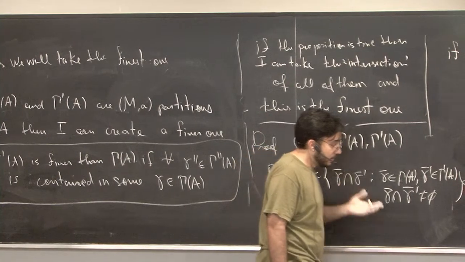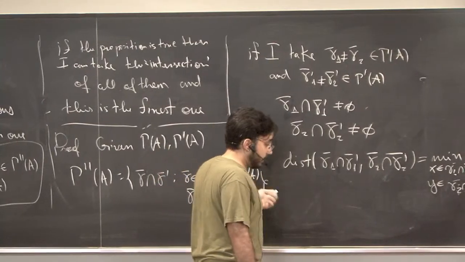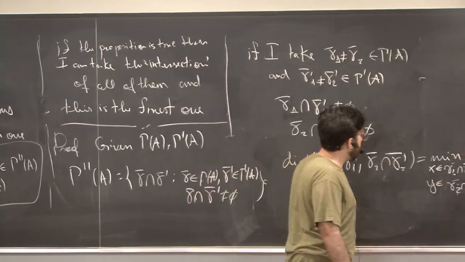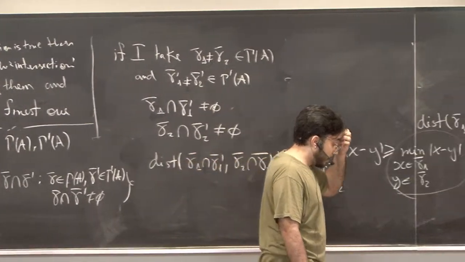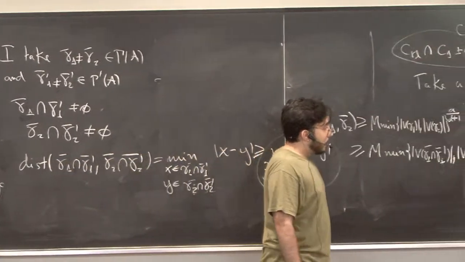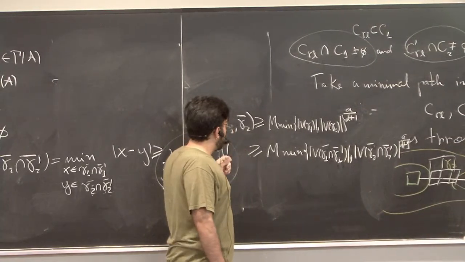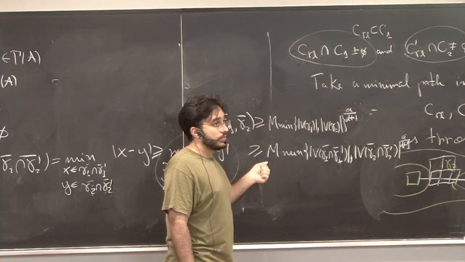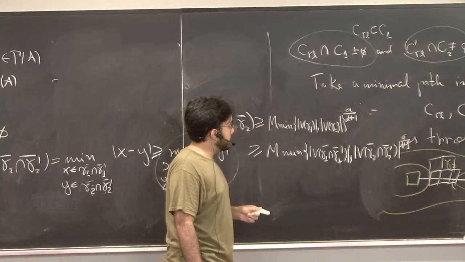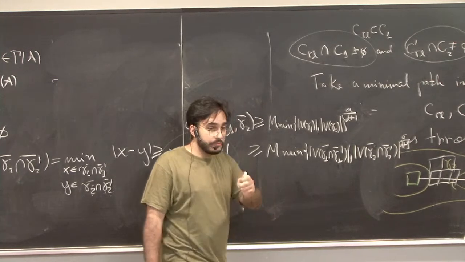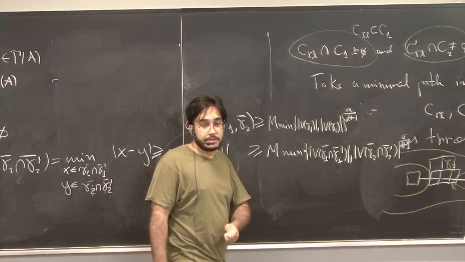You could just ask that gamma A is a partition of the set A and satisfies condition B. So this is okay. What I will show now is that the intersection will also satisfy condition A, but I want to draw attention to the fact that if only one of them satisfies condition A, then the intersection will satisfy condition A.